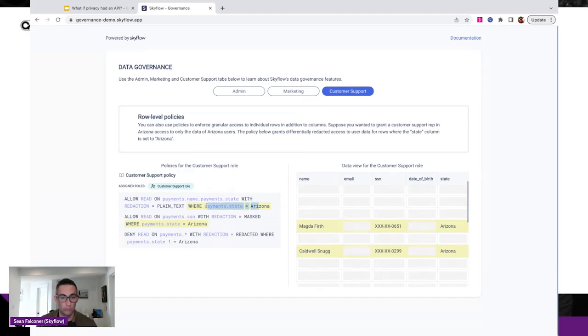So there's actually a row-level restriction here that says only allow access to the customers that are in Arizona. And this is really important, going back to what I was talking about from the principles of least privilege. Someone who's in customer support maybe that has certain geo restrictions, could be because of data locality rules, like a customer support agent in Germany can only access German citizen information or something like that.